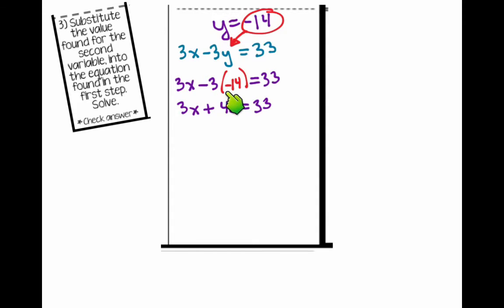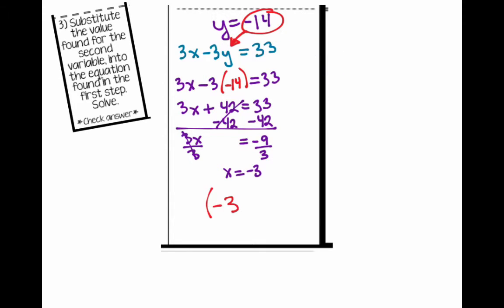Remember, a negative times a negative is a positive. 3x plus 42 equals 33. Subtract 42 from both sides. 3x equals negative 9. Divide both sides by 3 to isolate x. x equals negative 3. I have an x, I have a y, I have what I think is my solution: negative 3 comma negative 14.